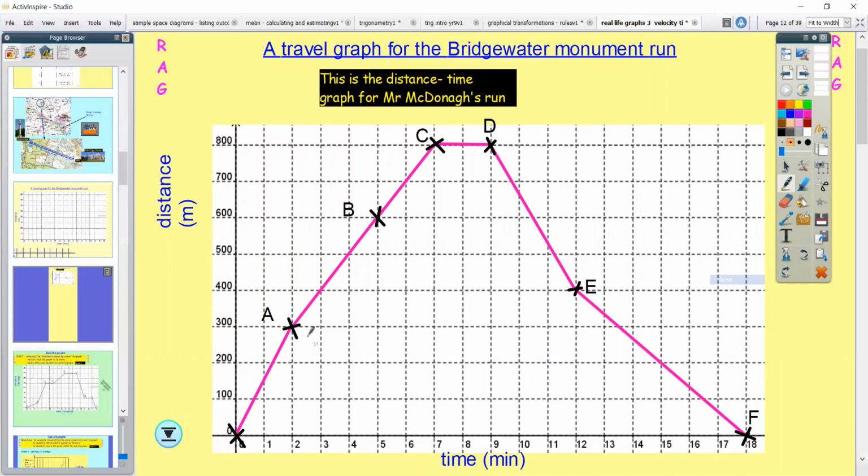So what I would do again is say that O to A, what's happening? I'm asking for sentences here. So I'll say O to A, he ran 300 meters in 2 minutes.